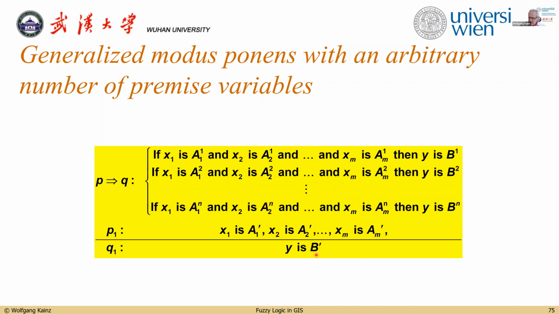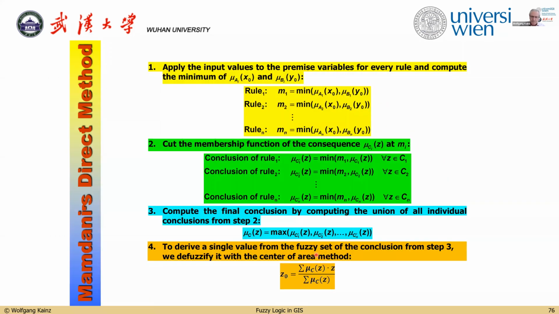So in the next slide, I will give you a kind of a procedure, or if you wish, a kind of a cookbook, how we can apply Mamdani's direct method to a given set of rules, how it works. So on this slide, you have in 4 steps the procedure how to do that.